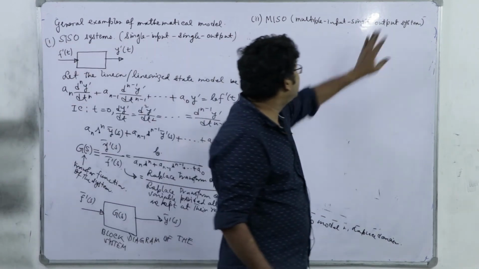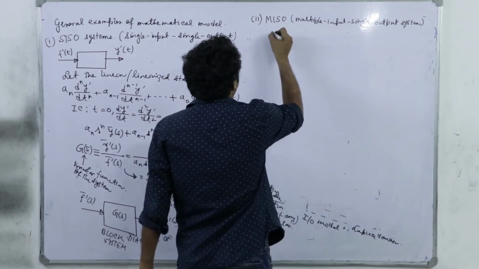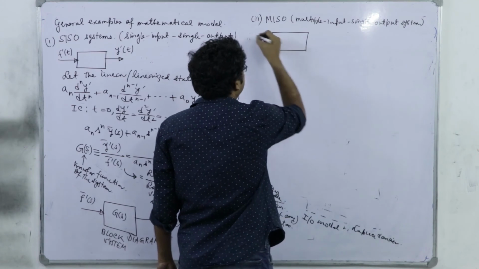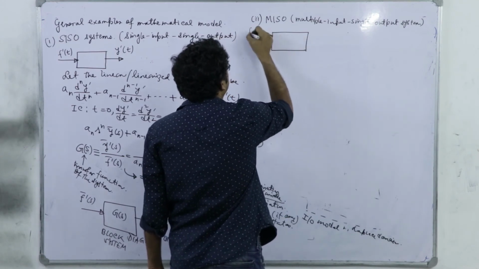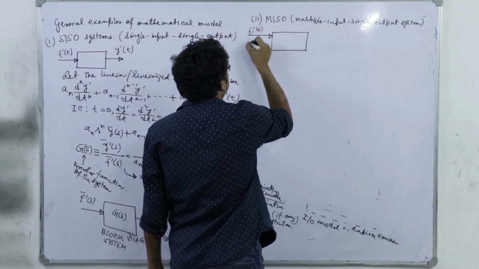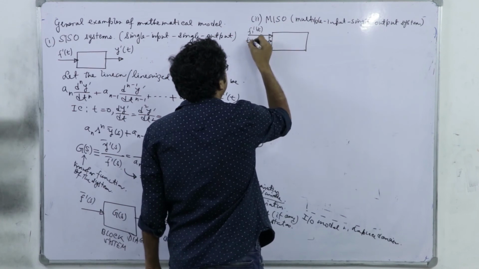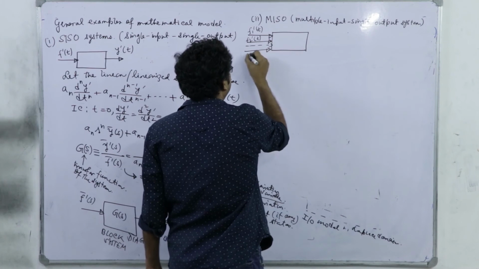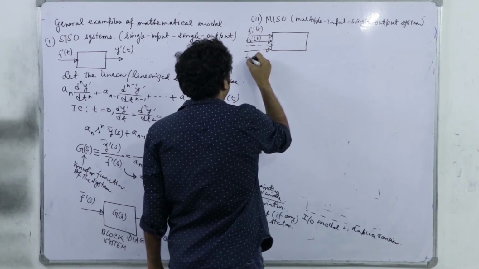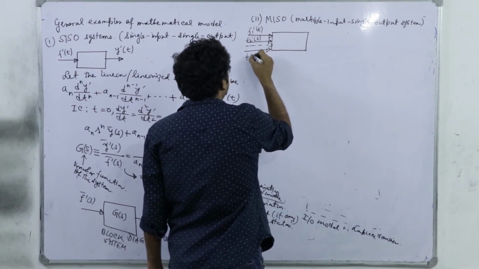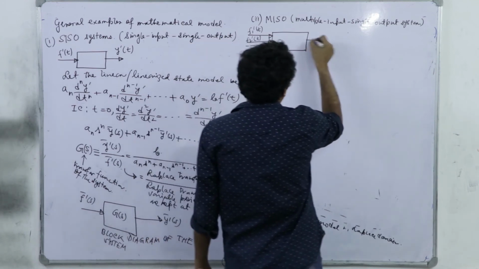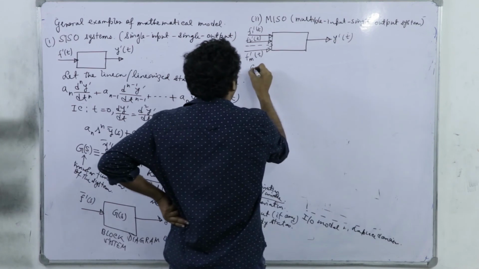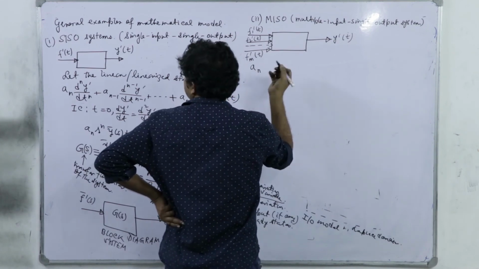So, multiple input, single output system. See, the time domain schematic is this: f1 prime t, f2 prime t, and finally m prime t, producing only a single output, that is y prime t, and the relation is just the same.